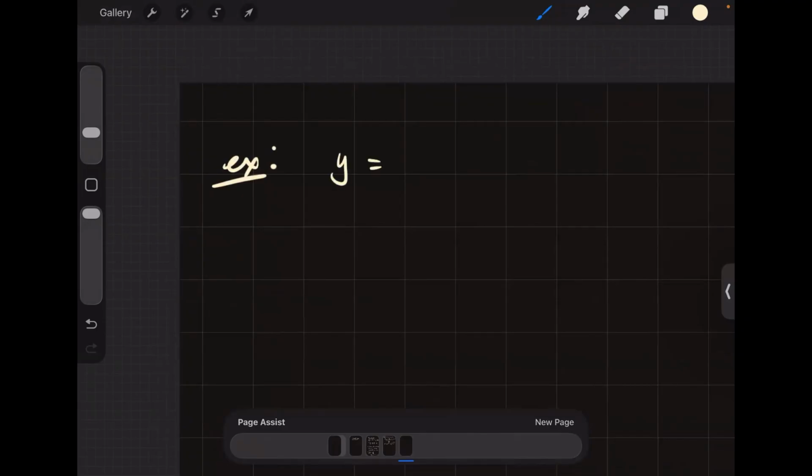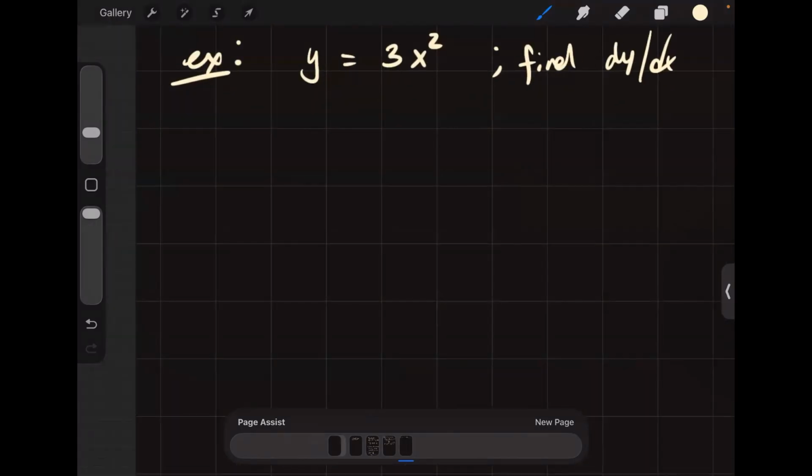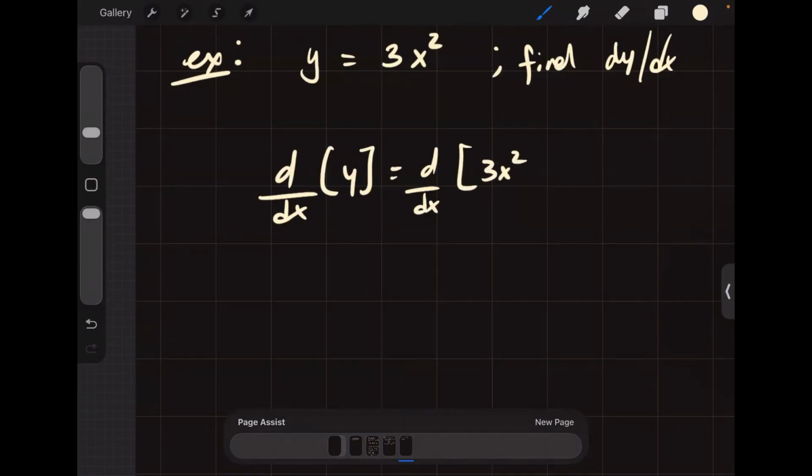y is equal to 3x squared. Solve for dy/dx. Okay, cool. Derive by x on both sides. d/dx of y is equal to d/dx of 3x squared. And this notation is called Leibniz notation.